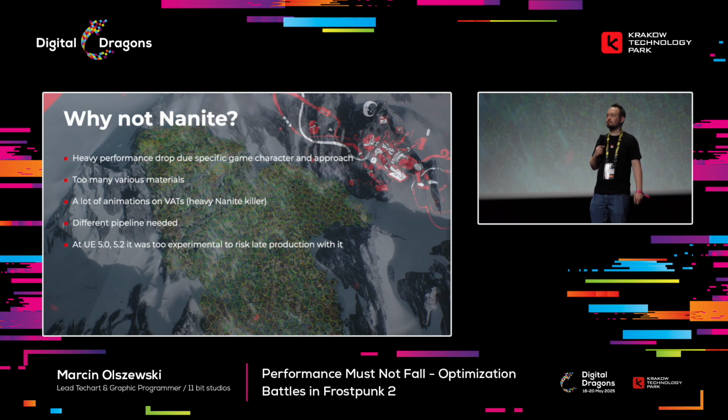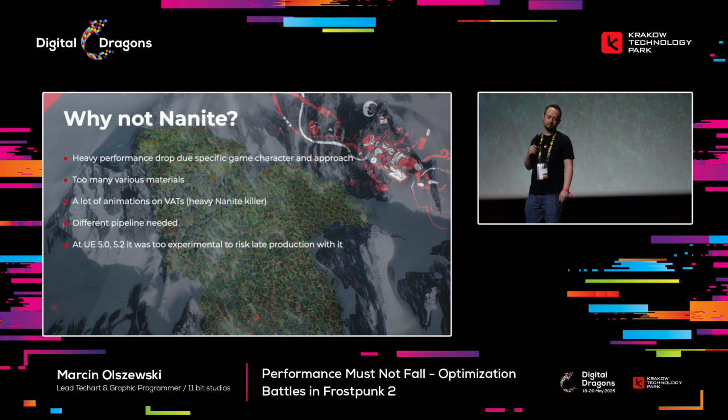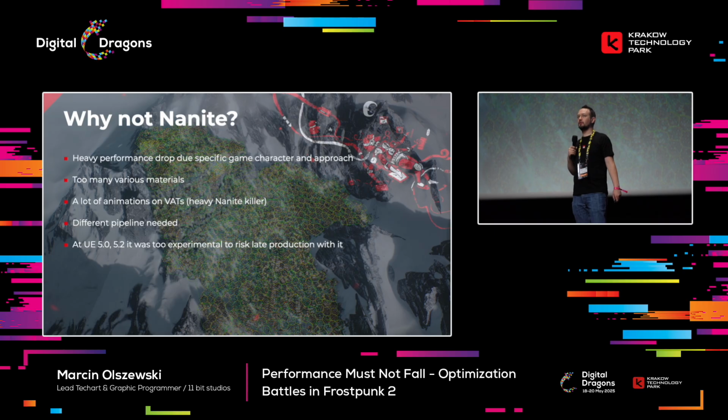So, probably the first question will be why we haven't used Nanite. We have tried it. We started developing the game when Unreal was on 4.2, and we ended on 5.4.